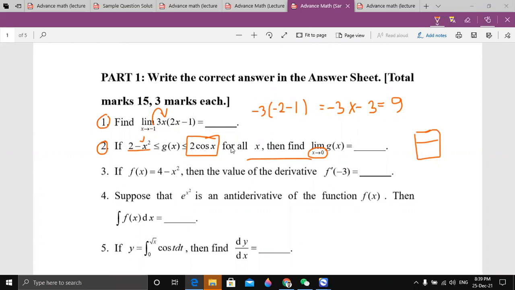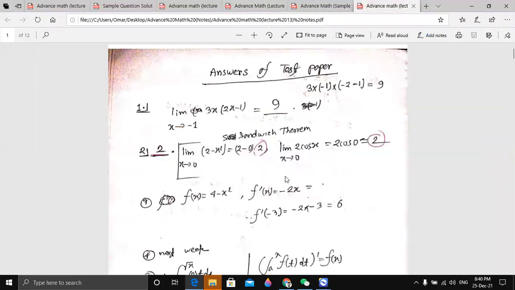And 2 cos x, if you plug in 0, 2 cos 0 means 1, so 2 multiply 1 is 2. So on the left hand limit we get 2, and also at the right hand limit we get 2. That's why our value will be 2. So this is the answer for number 2.